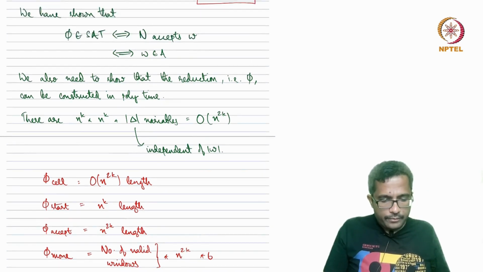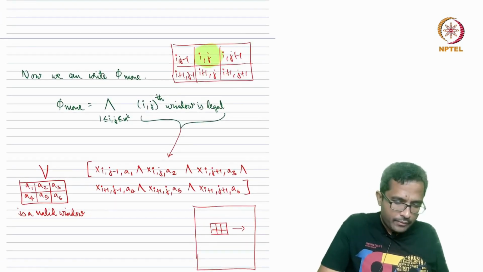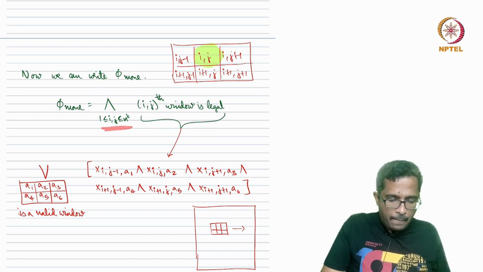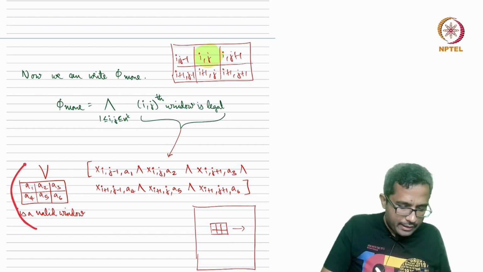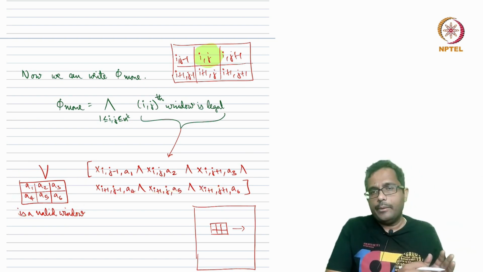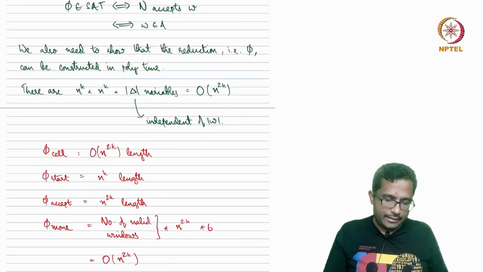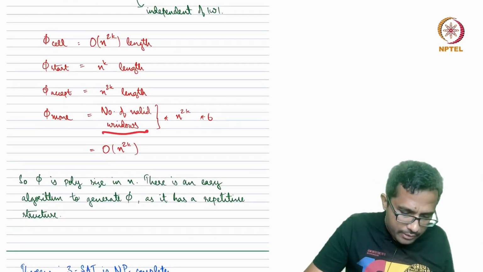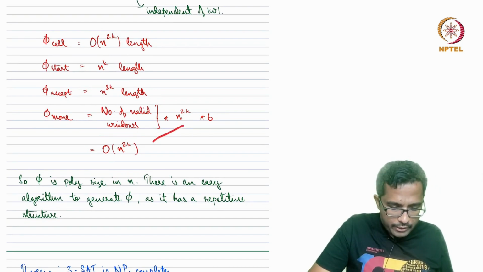Phi move, for instance, has O of n power 2k length because of this, so this has n power 2k, and checking whether the ij-th window is legal runs through the list of all valid windows, and this is constant. The number of valid windows is a constant that is independent of the length, right? So the number of valid windows times n power 2k times 6, but this is also n power 2k.